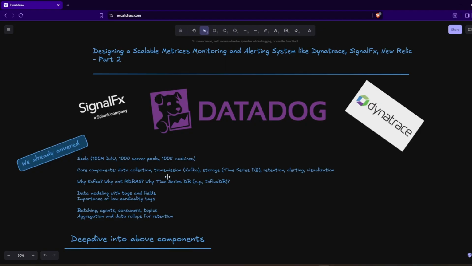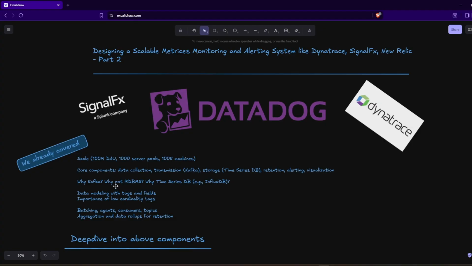And the core components that we have discussed so far: we started off with the data collection and how we can transmit the data, and what the storage engine is that goes behind the data which we are going to store, plus all the retention, alerting, and visualization. All the core components we have discussed.